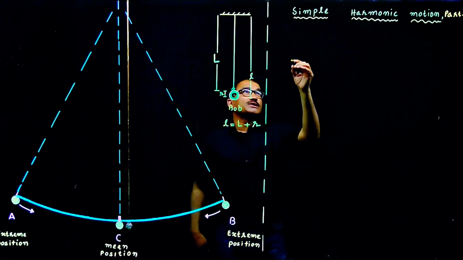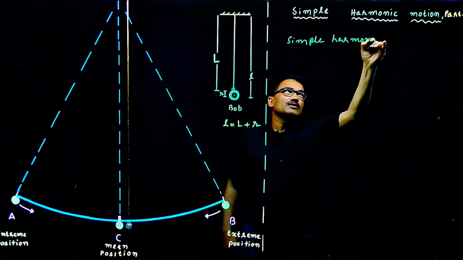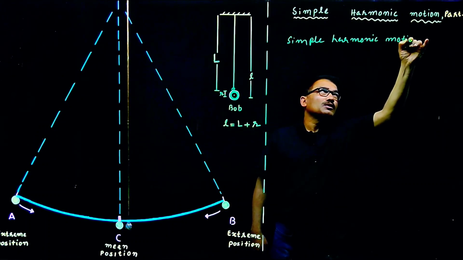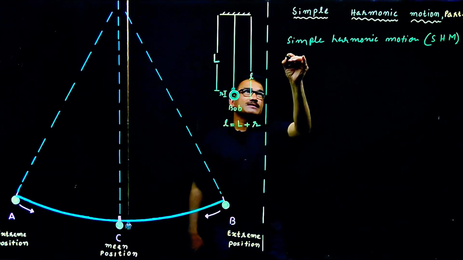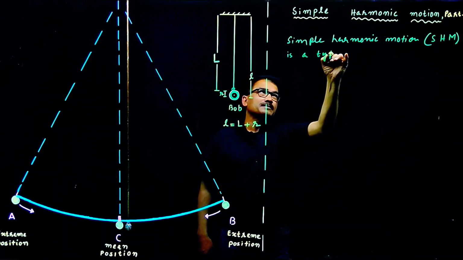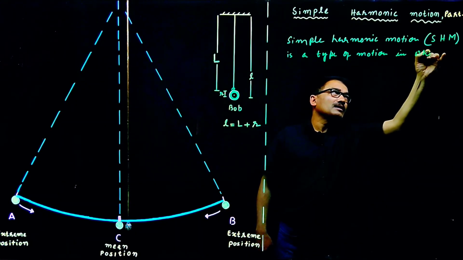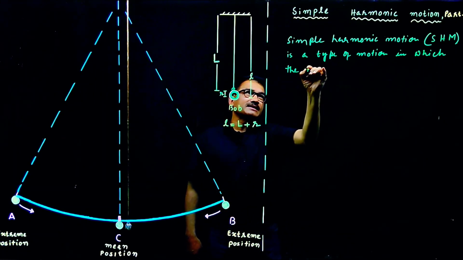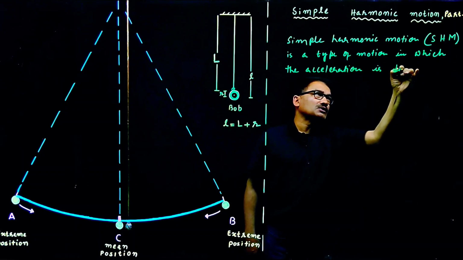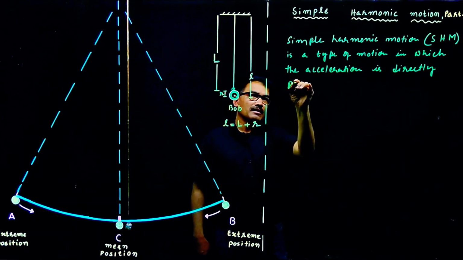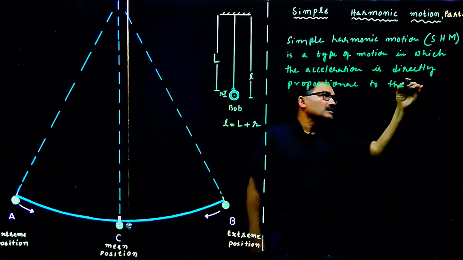It's a type of motion in which... simple harmonic motion, which is also known as SHM, is a type of motion in which the acceleration is directly proportional to the displacement.